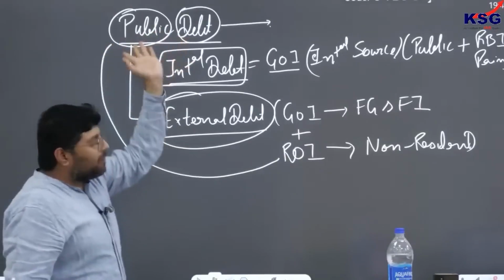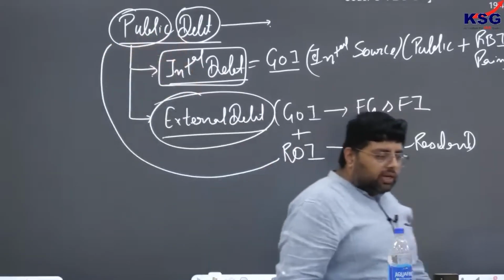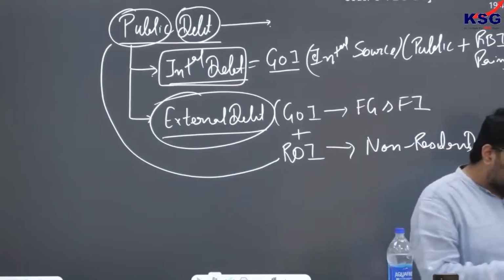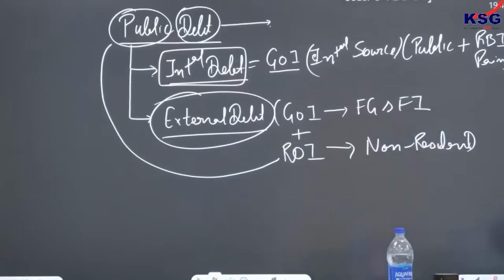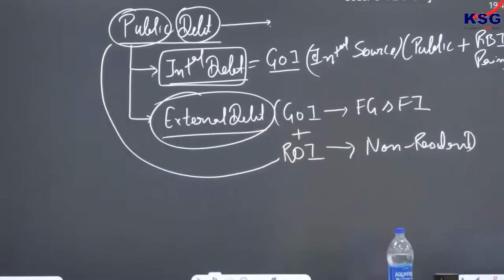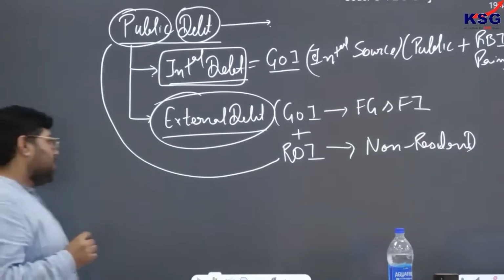That is why we call it public debt. But only in that case where the money has been taken by an Indian person from outside. Clear? Is it clear? Please tell me in the comment section.